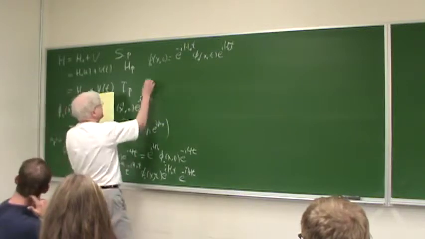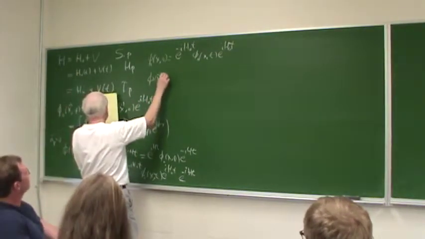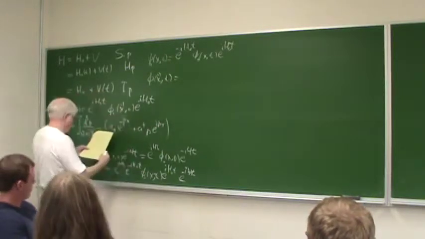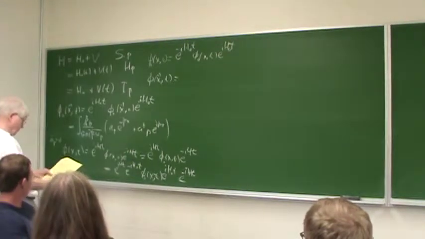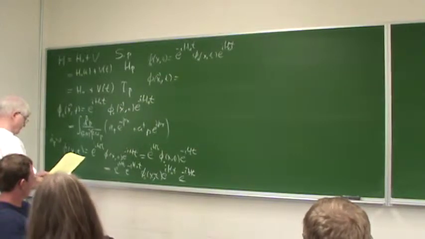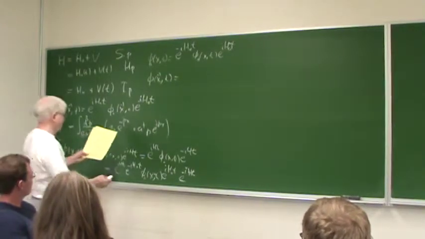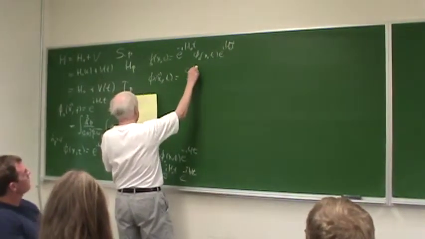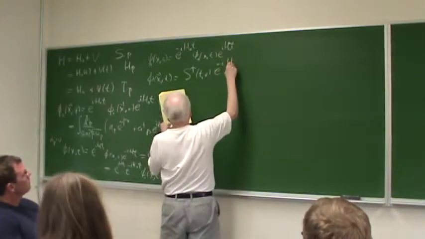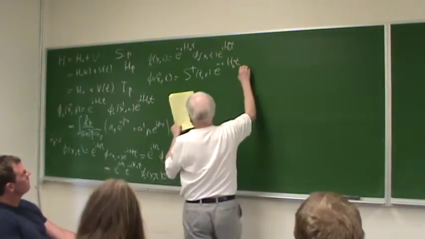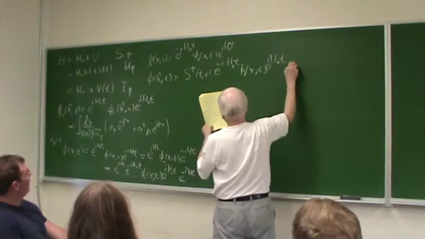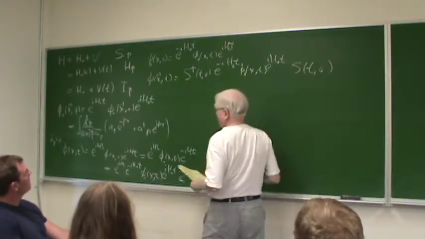Another way of writing that same expression for phi of x and t is, so let me just make sure that I'm not writing anything extra here. All right, so we're going to introduce this notation. S dagger of t and 0, e to the minus i H0 t, phi 0 of x and t, e to the i H0 t, S of t and 0.